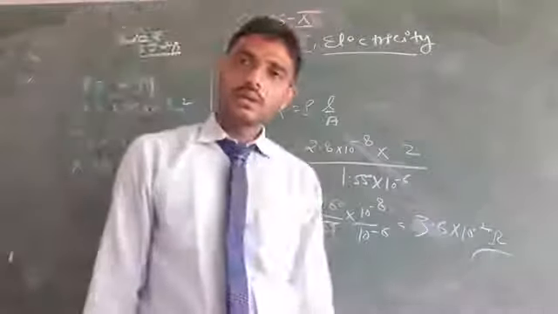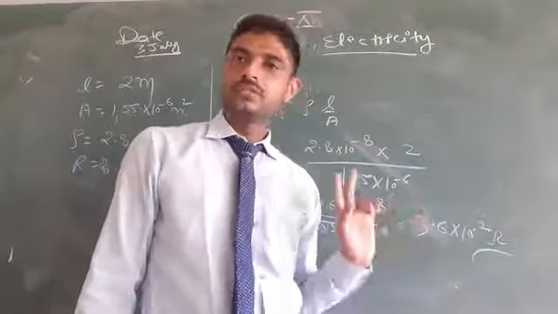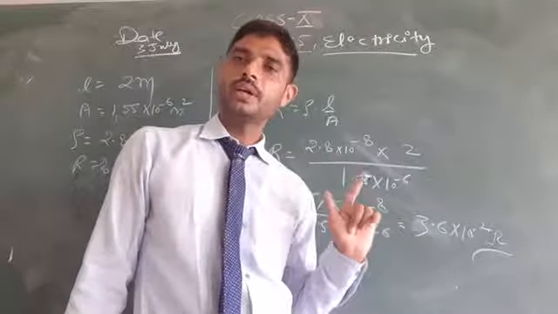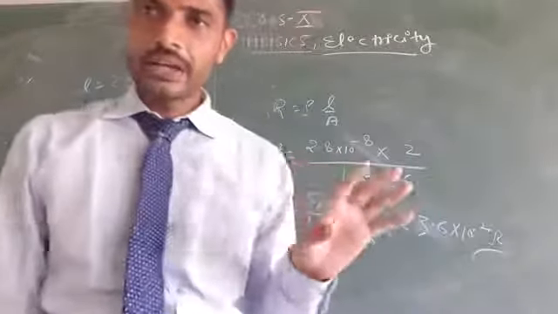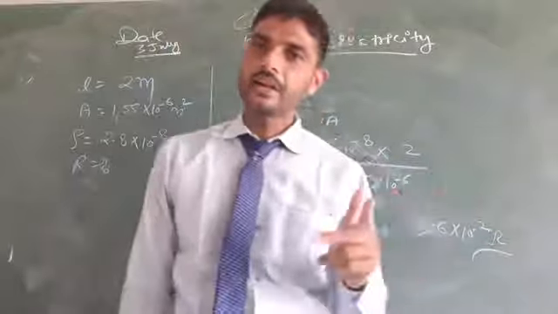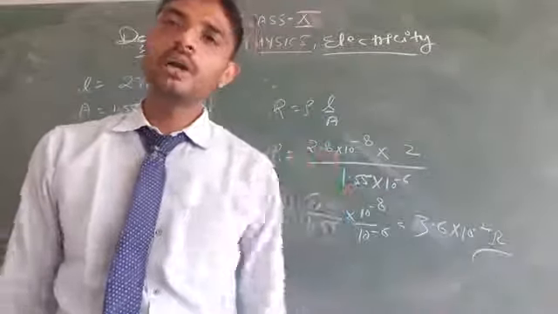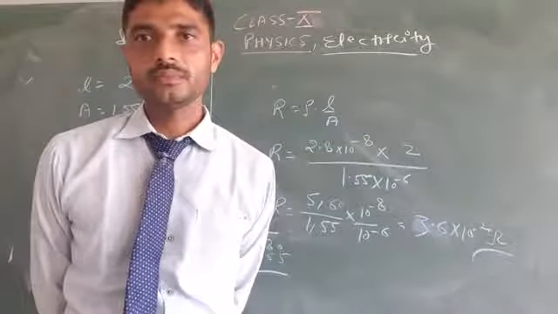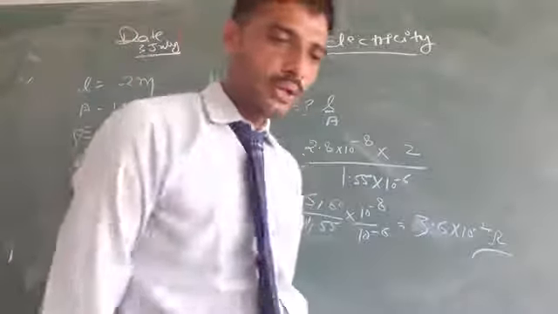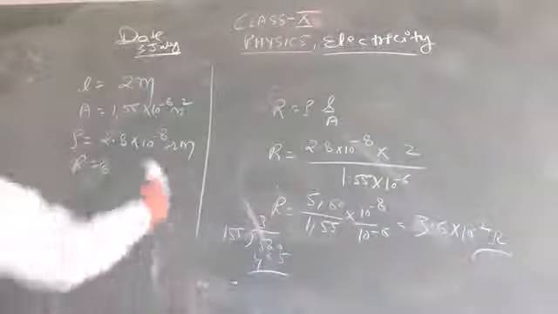So both types are done. In one type, the area is given directly, and in the second, the area we have to find by using the radius. So one more numerical I am going to solve.